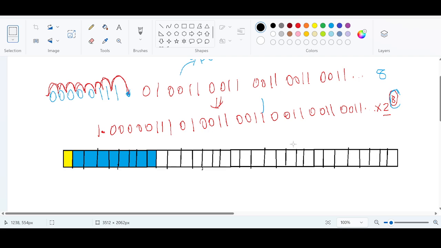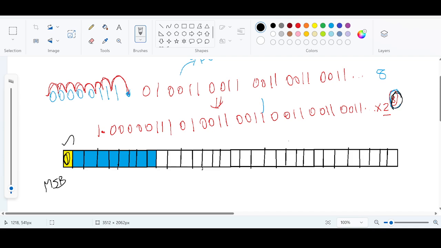So this is reserved for what? This is reserved for the sign, the MSB. The most significant bit will tell if your number is a positive number or a negative number. If a number is a positive number, just put the 0 bit here. This is done. And these 8 bits are reserved for the exponent value.